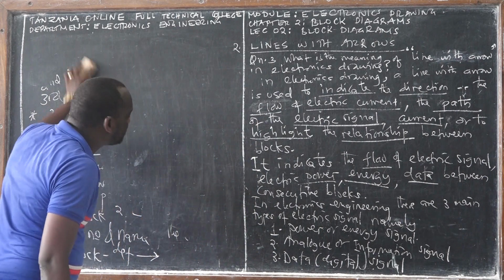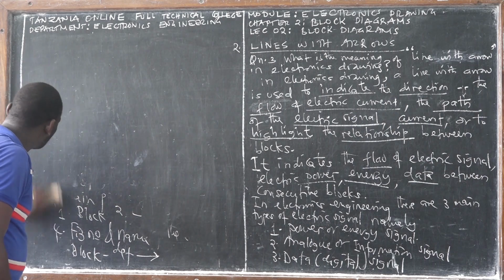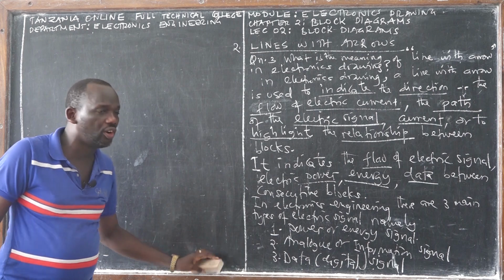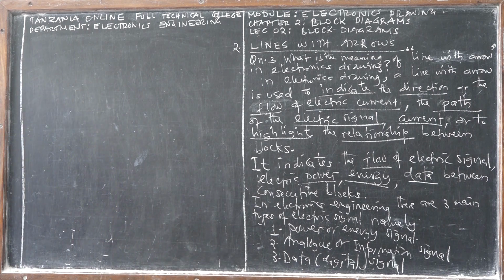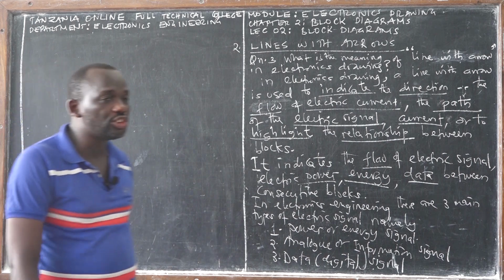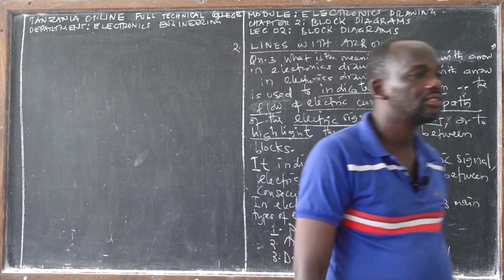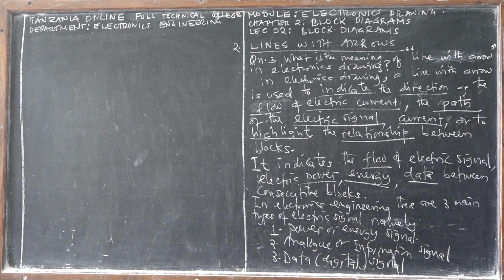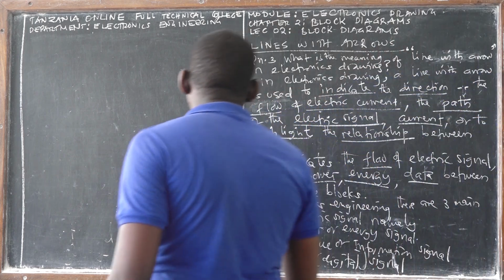Say it loudly. Again, say analog or information signal. Then say data or digital signal. Data or digital signal.